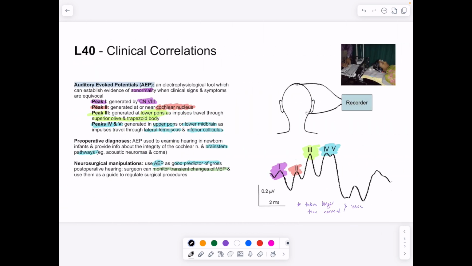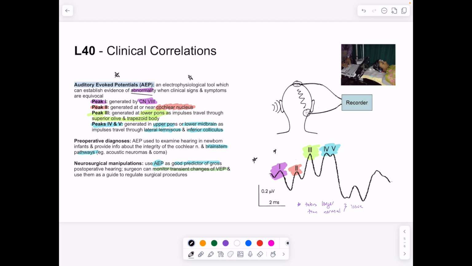Other clinical correlations, we were told about auditory evoked potentials, AEPs, as an electrophysiological tool which can establish evidence of abnormality. Basically, you get this nice little graph, and you play a sound, and then you can measure the voltage difference between these 2 points.